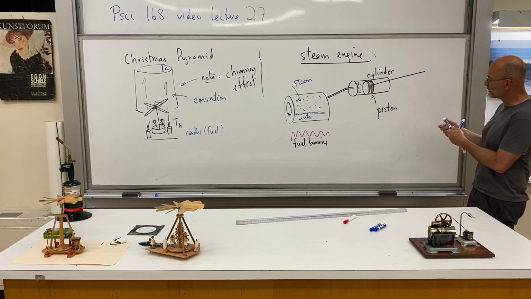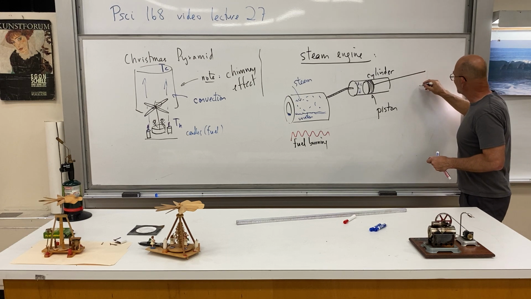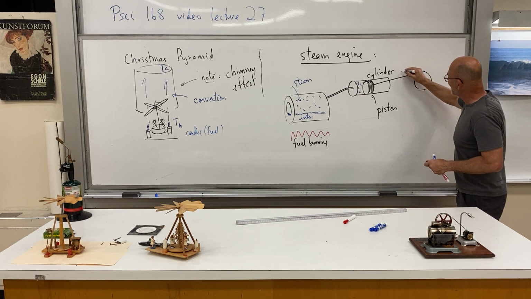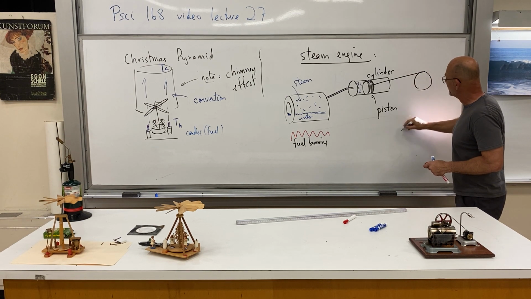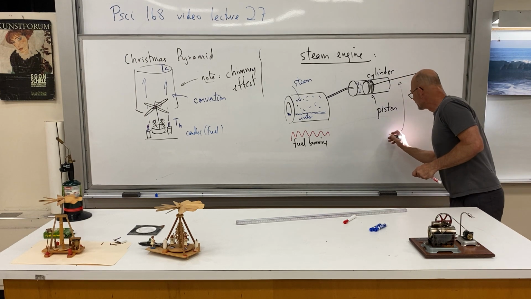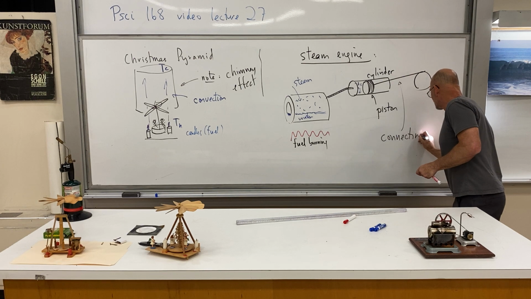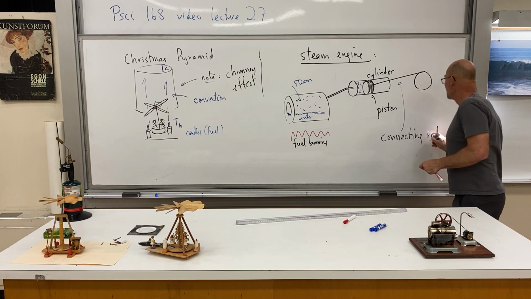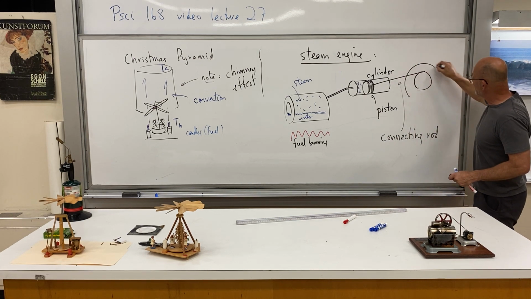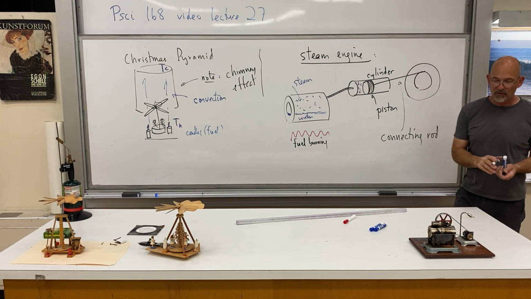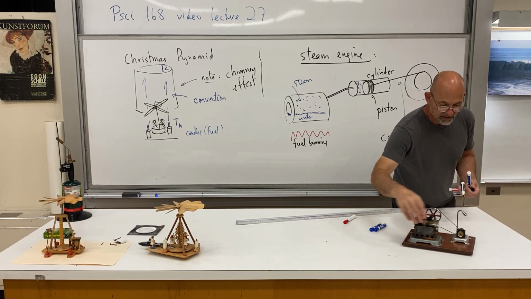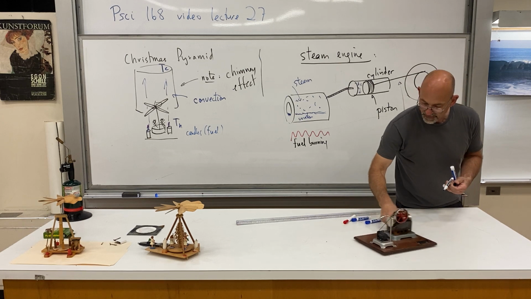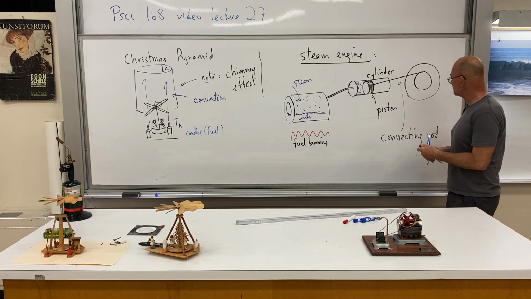It gets pushed to the right, there's work. It's connected to a, so this is the connecting rod. So these are the basic terms I want you to know. It is connected to a flywheel. That flywheel that you saw right here, the red wheel. That's the flywheel.